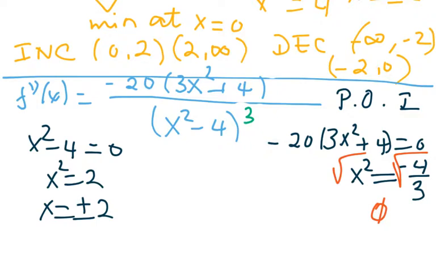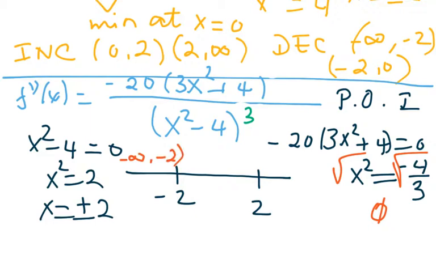So we're going to check the intervals at negative 2 and 2. Our intervals are negative infinity to negative 2, negative 2 to 2, and then 2 to positive infinity. And if we check our values, it's going to be negative, positive, and negative.